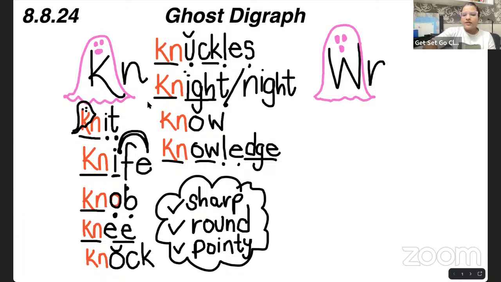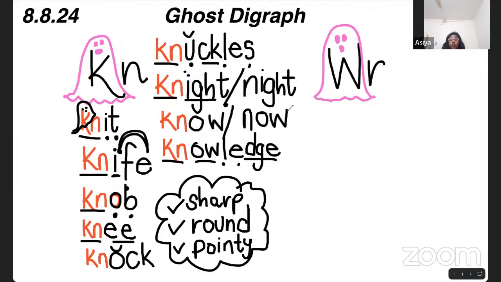So if you don't put that K, then the meaning of the word can change for many words. Also for know, if I don't write K, then how will you read this word? How will you read it? Yes, now. With that K, I am trying to change the way the word is pronounced.